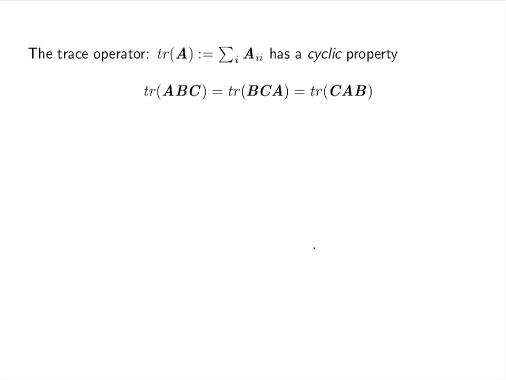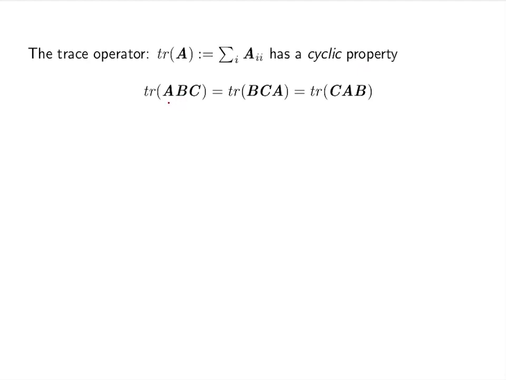In order to be able to do this, it turns out that we need another linear algebra operator, the trace operator. So the trace of a matrix, of a quadratic matrix actually, A, is simply the sum of the diagonal elements. And it has this nice cyclic property. So trace of ABC is trace of BCA is trace of CAB. And so why is it called cyclic?